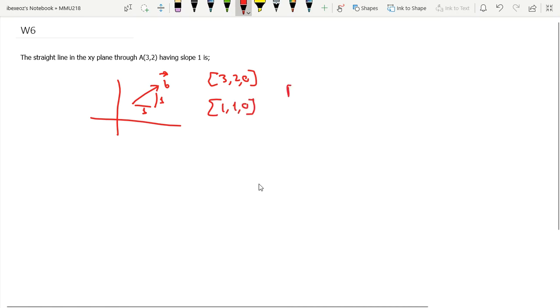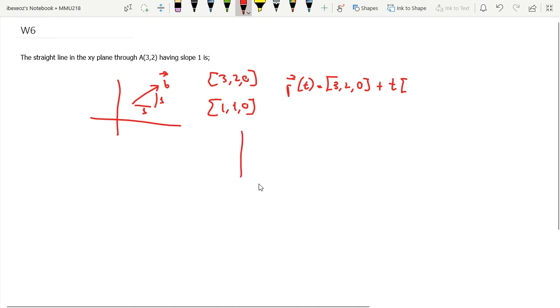And my position vector r(t) is then going to be my point on that line, 3, 2, 0, plus t times B. t is the distance between any point on that line, any generic point on that line.